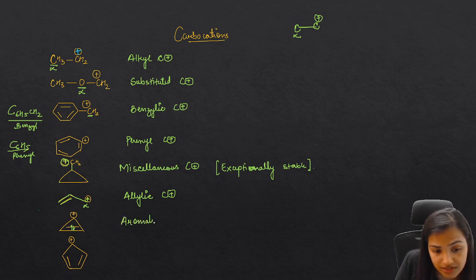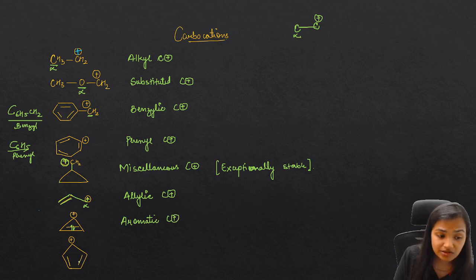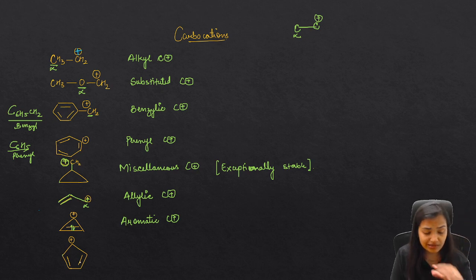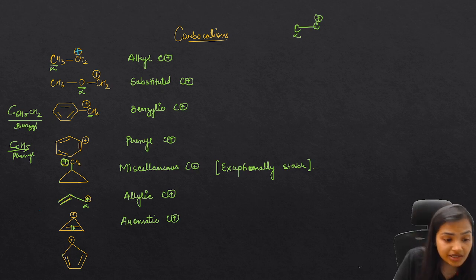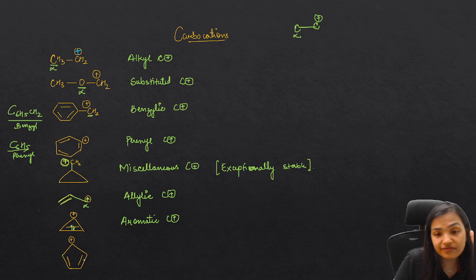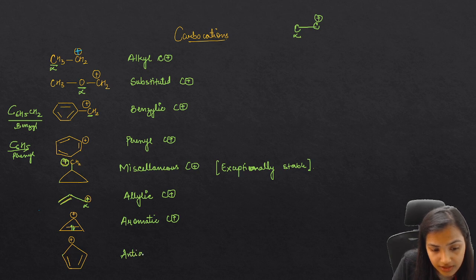So we may call this the aromatic carbocation. And if you will see this particular structure, you will find that here we do have a closed cyclic ring, planar, delocalization is there, but here the number of pi electrons is 4. So this is obeying the 4n pi electron rule, which means this is an anti-aromatic carbocation.